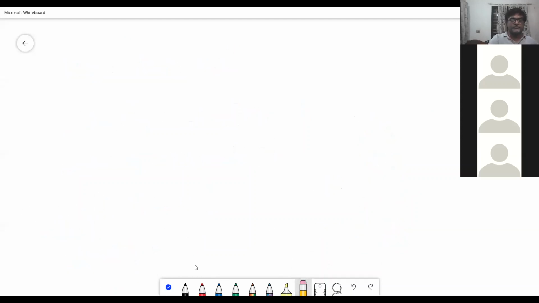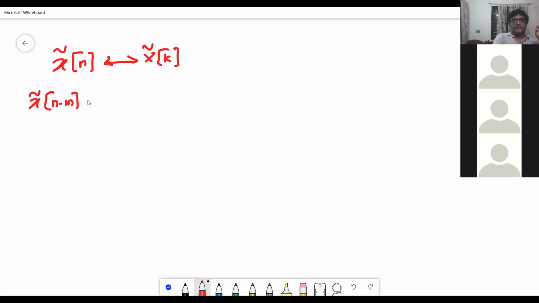How will you prove this? We look at the corresponding property for the discrete Fourier series. So if we have x tilde of n having a Fourier series given by x tilde of k, you are required to find out what is the Fourier series for x tilde of n minus m, for which we will write down the analysis equation.